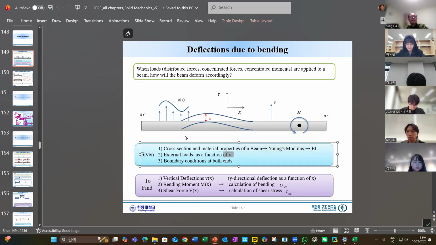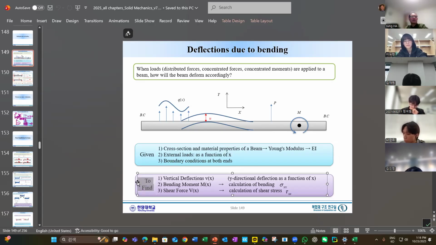This is important. We obviously need to know where these loads are applied, either distributed load or concentrated load. Mathematically, we say function of x. Now, for the boundary conditions for both ends, we will again pay much attention to what kind of boundary condition.